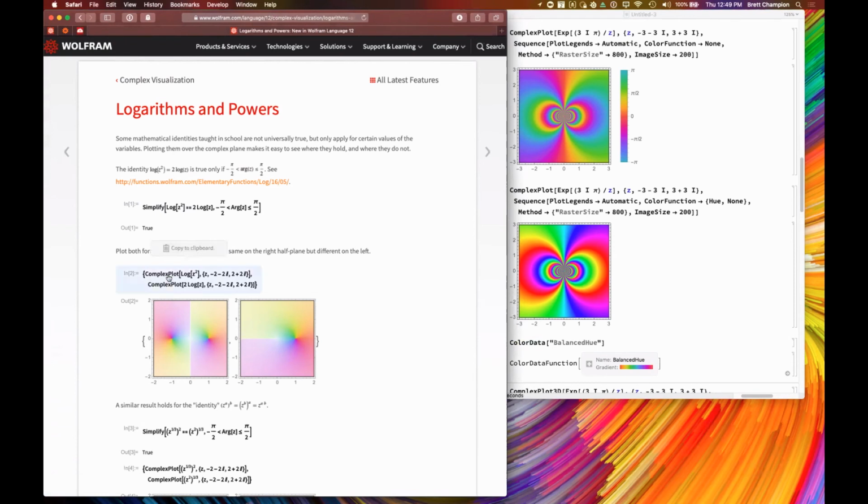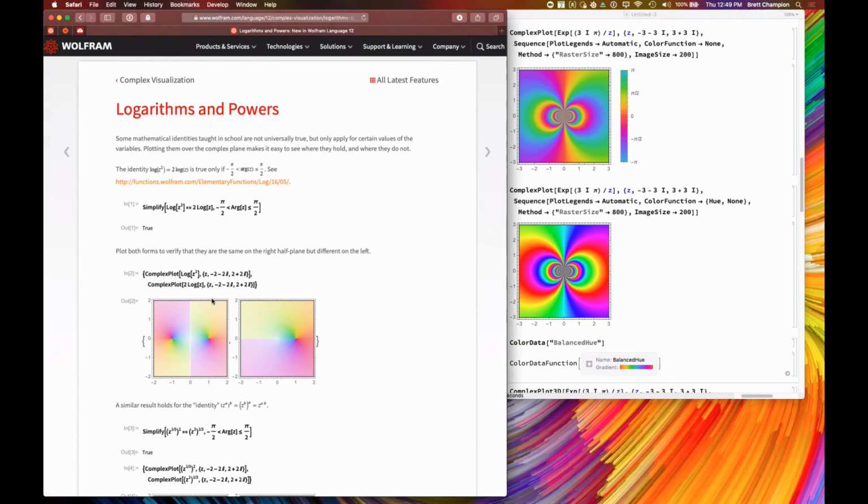And so here we do a complex plot of our two allegedly equal things over part of the complex plane. What you see is that on the right half over here, everything matches up perfectly. On the left half, they don't. There's actually a difference there.